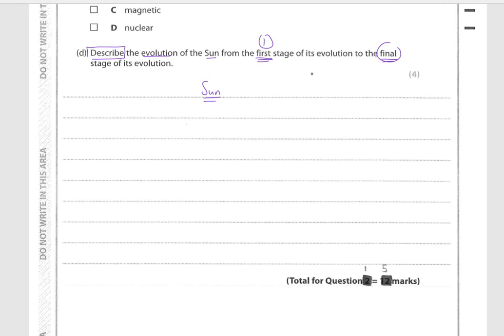So for the Sun, we know that we start with nebula. Afterwards, we have protostar. And after the protostar, we have main sequence. And after main sequence, in this case we're talking about the Sun, so the Sun is going to turn into a red giant.